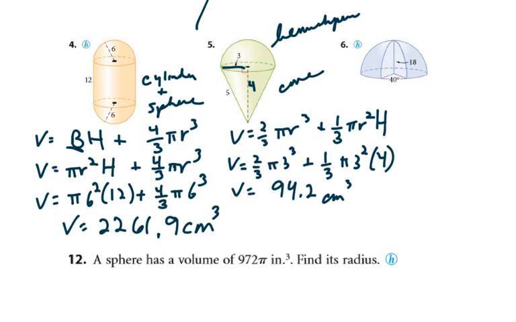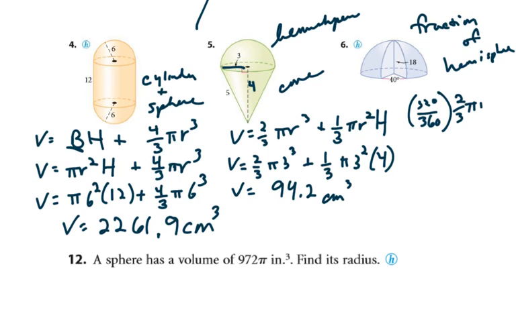And now this last picture here. So this is a fraction of a hemisphere. So what fraction is it? Okay, so it's 320 over 360, that's the fraction, of 2/3 pi r cubed. And the r is 18.